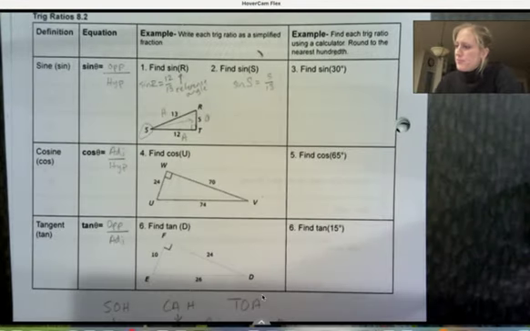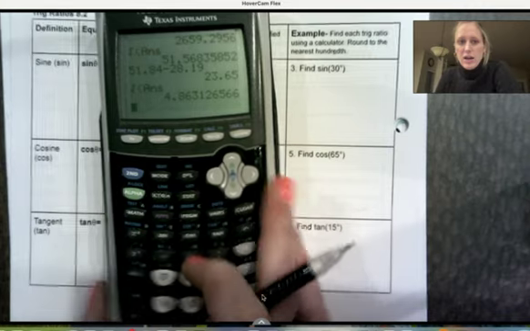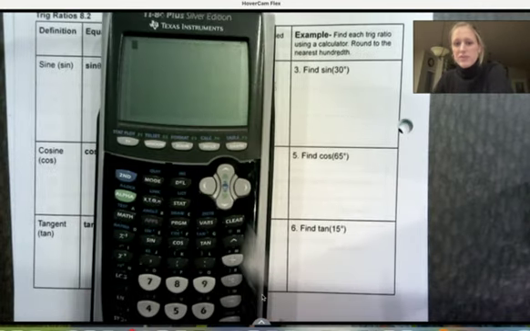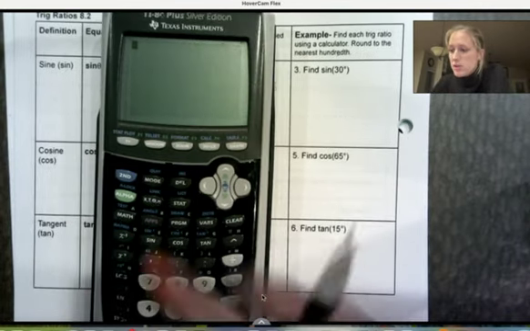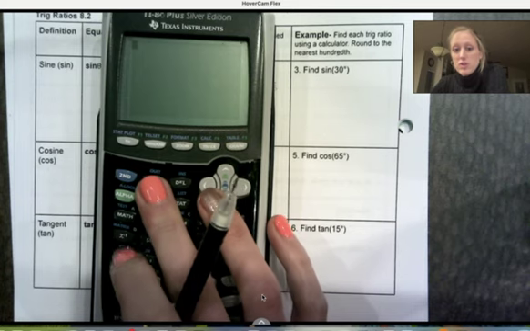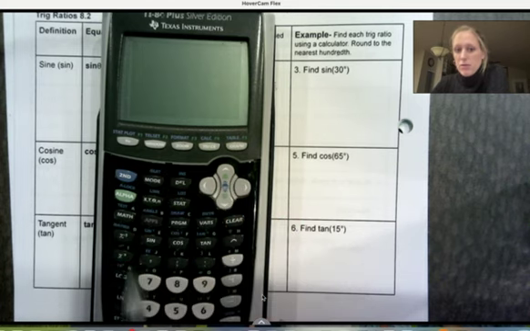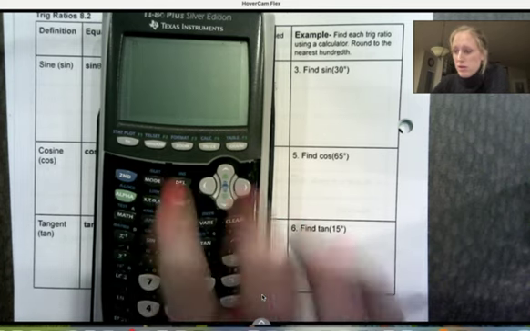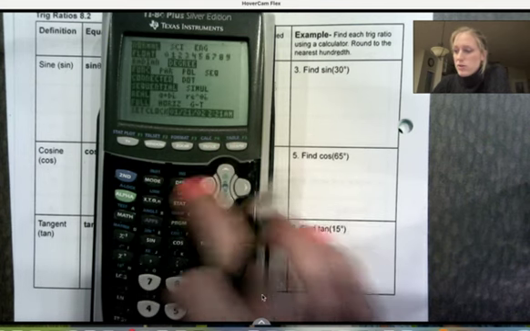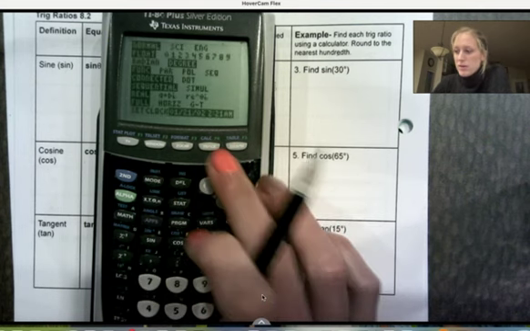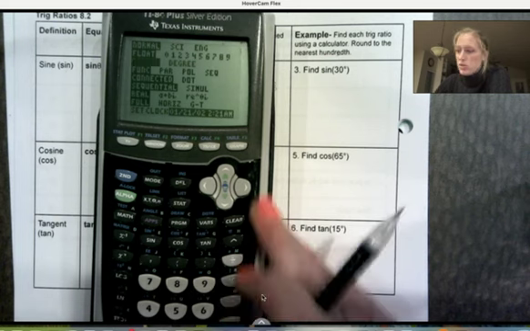On our calculator, I have a TI-84 Plus here. The TI-30s work very similarly. One thing we need to make sure of is that we're in degree mode. So you're going to hit right here where it says mode, and then scroll down right here where it says radian degree. We want degree to be highlighted.